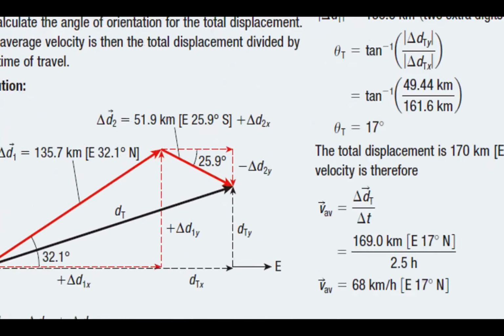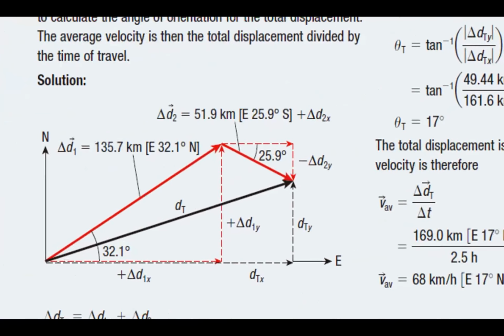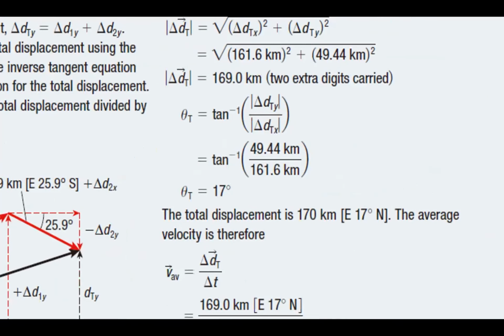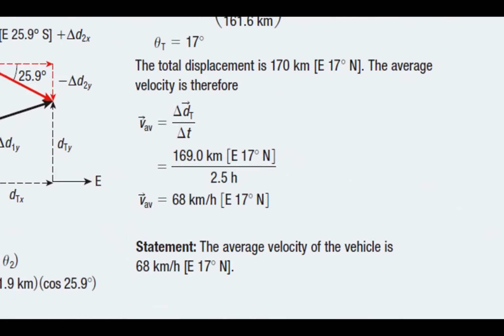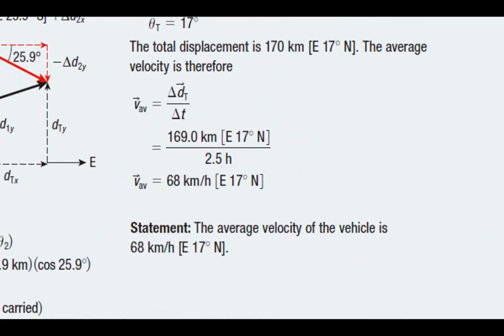And the theta t in this diagram is arctangent of delta dty over delta dtx, which is about 17 degrees. So the statement is here. The total displacement is 170 kilometers. The direction is 17 degrees north of east.